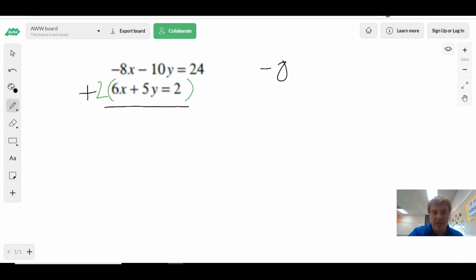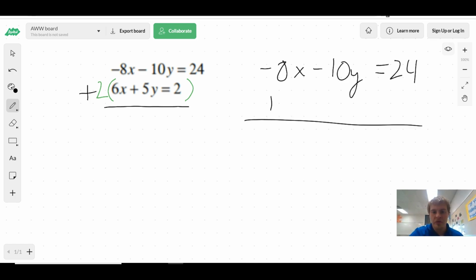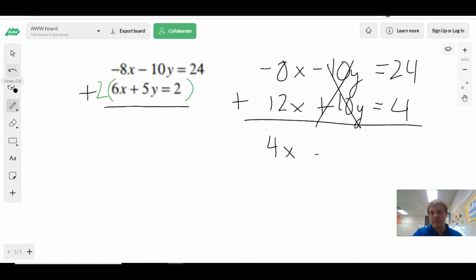So that's going to give me -8x minus 10y equals 24 over 12x plus 10y equals 4. Then we're going to add them together, which is going to give me 4x. This will cancel out. This will give me 28. And then we'll divide these by 4, and I'll get x is 7.